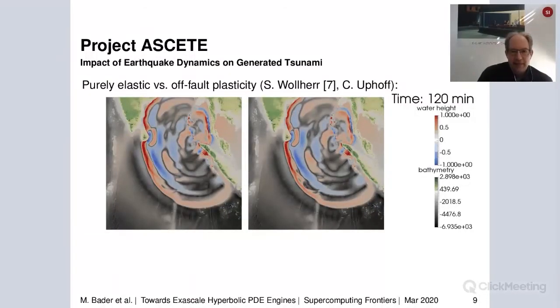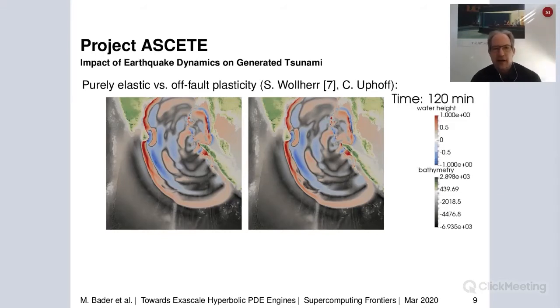One of the impacts that we hope to get with this simulation is to better explain the generation of tsunamis. From the earthquake and from the dynamic rupture simulation, you obtain the uplift of the ocean floor in a time-dependent fashion. This uplift is then imposed as a time-dependent initial condition on the tsunami simulation.